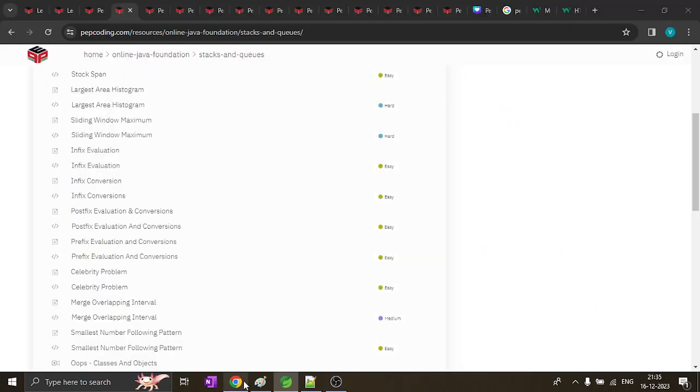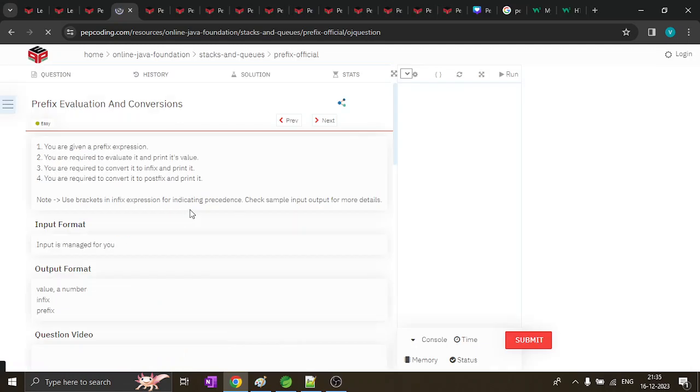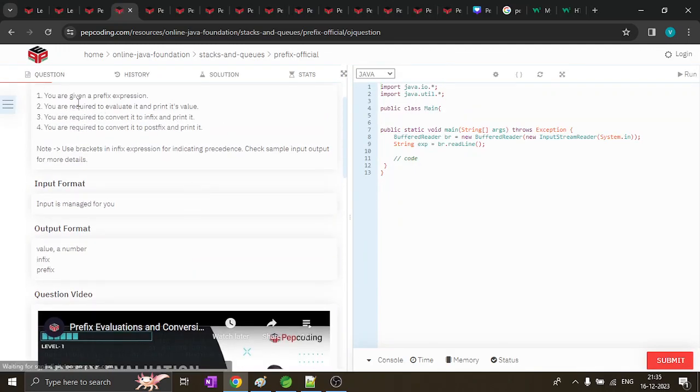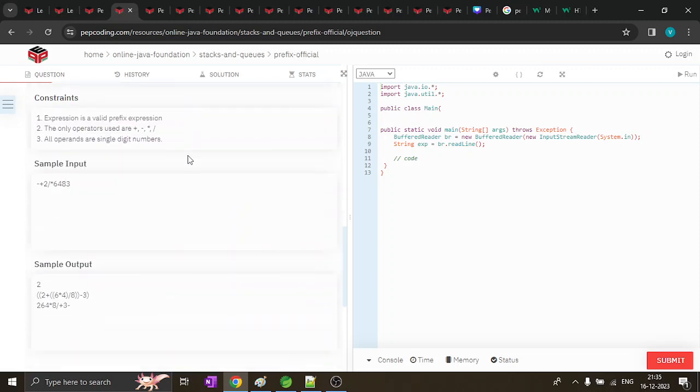Let's now try to solve the next question that we have, which is prefix evaluation and conversion. So you are given a prefix expression. You are required to evaluate it and print its value. You are required to convert it into infix and print it. You are required to convert it into postfix and print it.